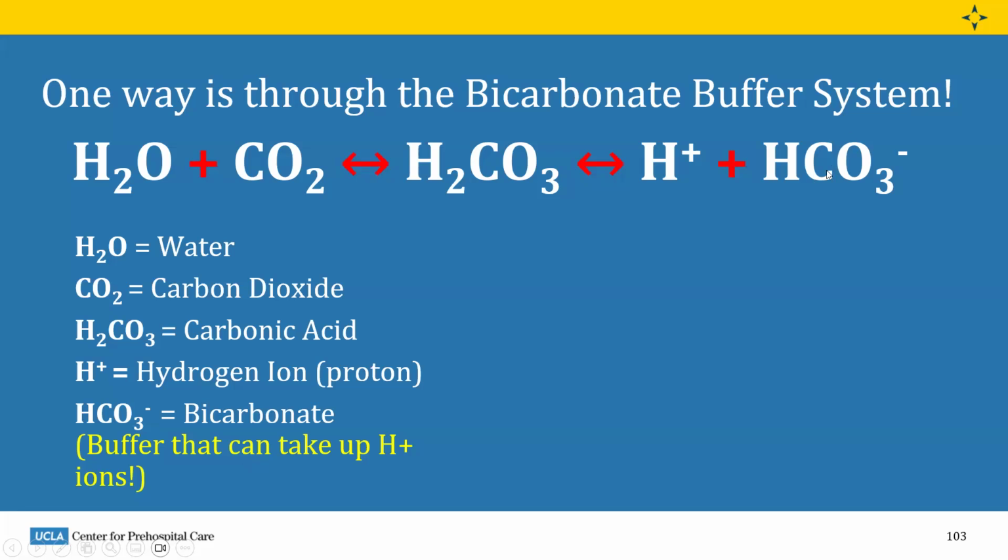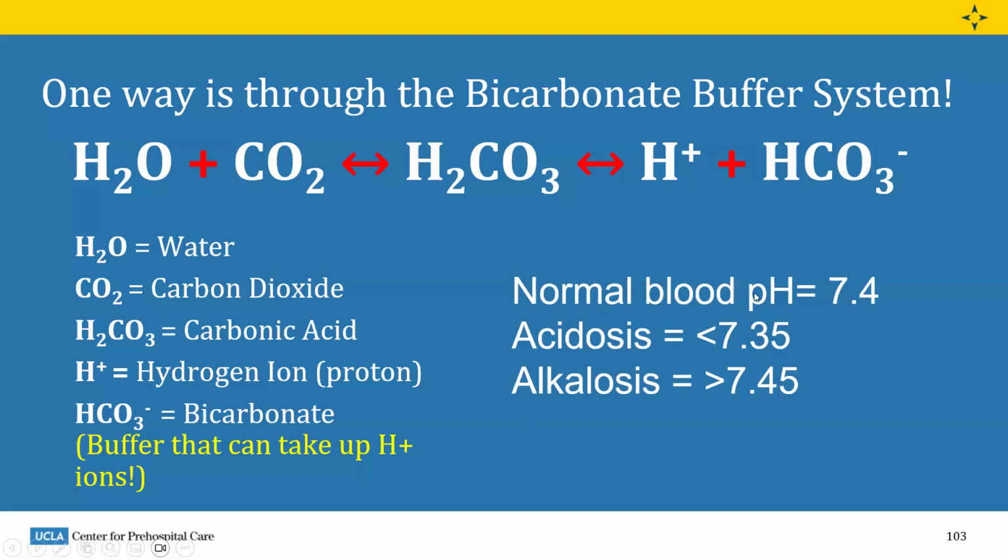And the buffer can bind back with that hydrogen ion to change the pH, right? So normal blood pH is 7.4. Acidosis is less than 7.35, and alkalosis is greater than 7.45. So it's a very tight range that we want to keep our blood pH in.